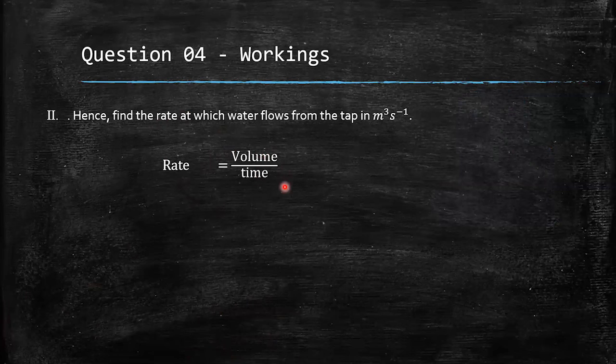That is the basic equation. We know the volume is 18 cubic meters, which is given in the question as data, and the time taken is 1800 seconds, that we have found earlier. Once you solve it, it will be 0.01 cubic meters per second, which is the rate at which water flows from the tap.